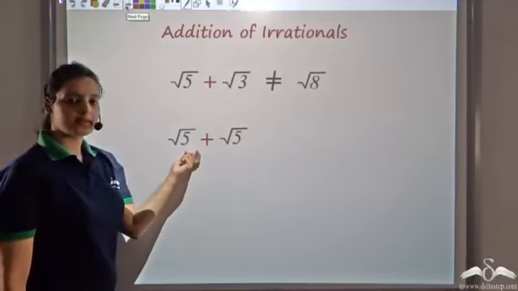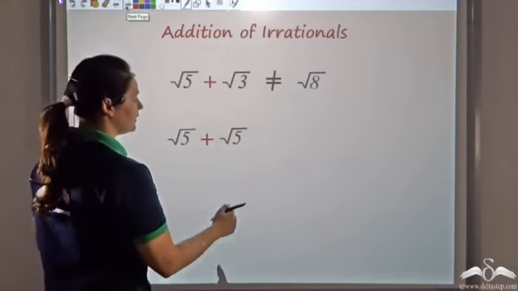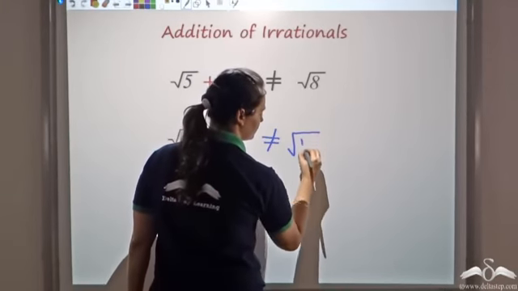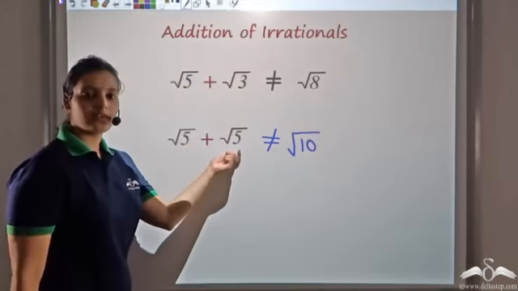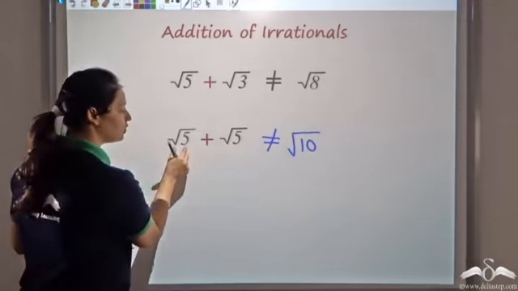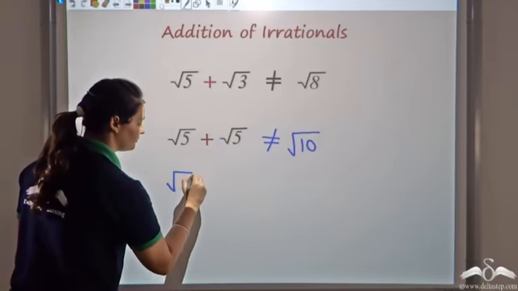Now let's look at this. Under root 5 plus under root 5. Now again, I can definitely say that this is not equal to under root 10, which is 5 plus 5. You cannot add it like integers. But what you can do is, under root 5 is there in both the terms, so I can take under root 5 outside.